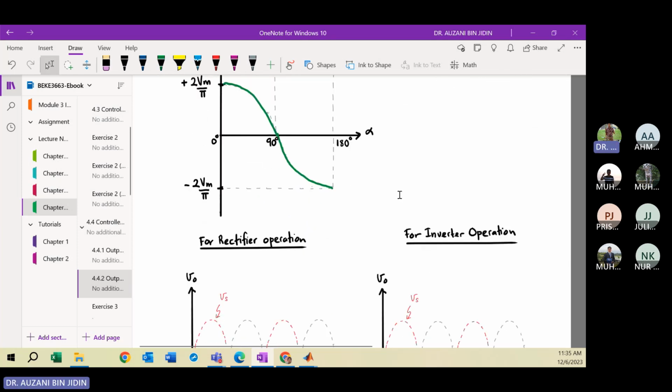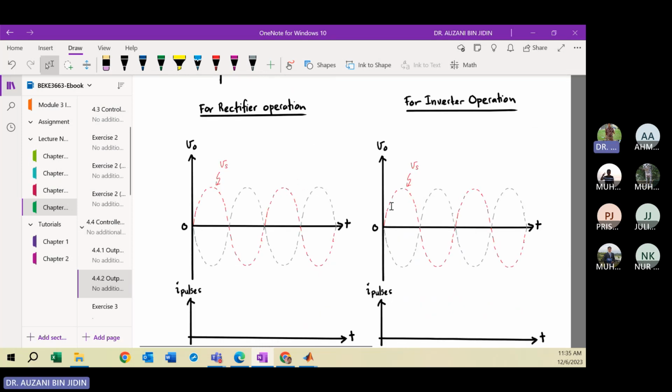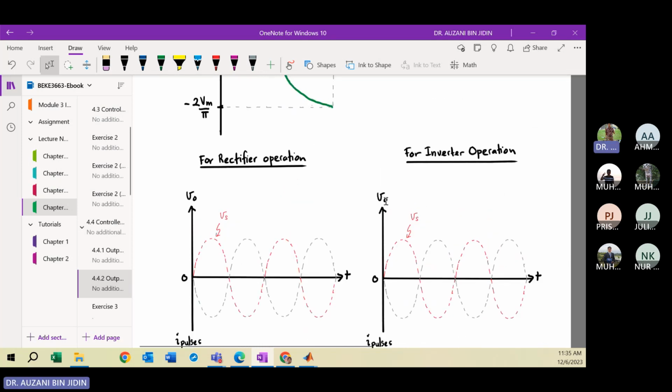So here, how to sketch the output voltage? For rectifier operation, you need to set the angle between 0 to 90 degrees.